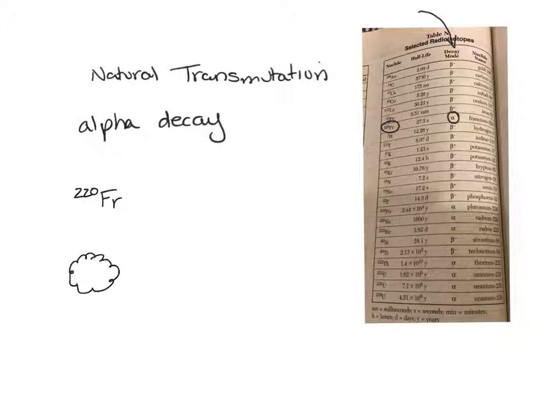If the francium-220 gives off an alpha particle, let's say this red section is the alpha particle, when it is done, it is going to be something else that is smaller. That's where the hunk came out of, right there, and it's going to be the red piece that came out. Francium-220 broke down into this, whatever it is, and this alpha particle.